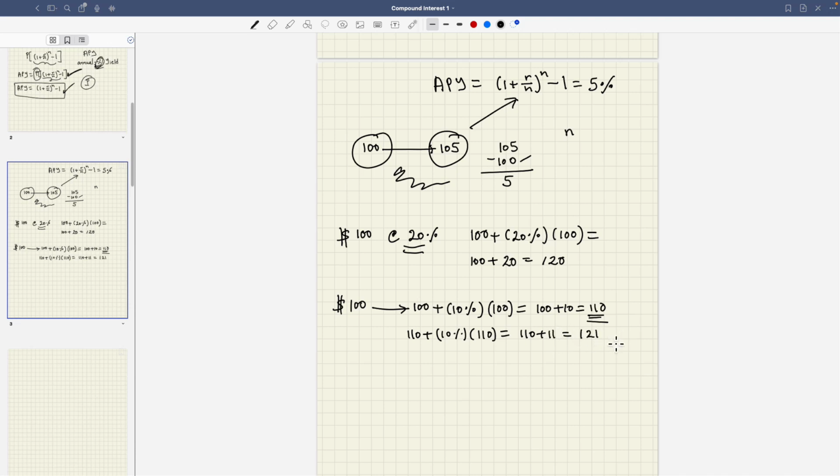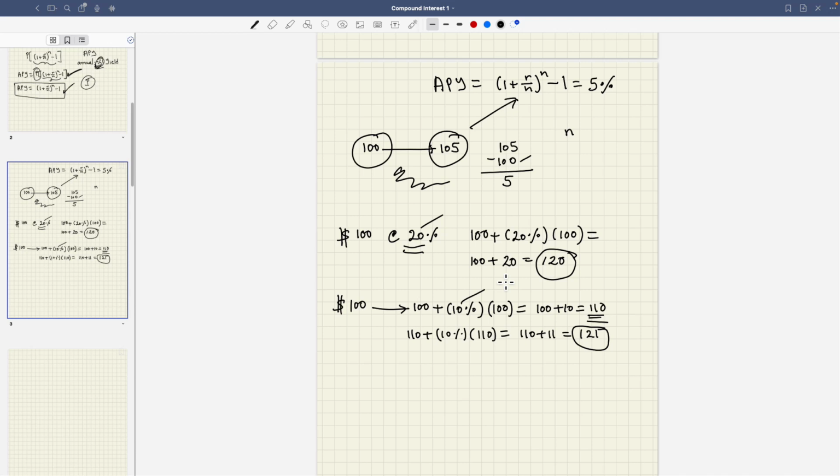So if you compare, right here you have 121, and right here you have 120. So if you compound once at 20% versus you compound twice at 10%, what I'm trying to show here is that the more you compound, the more it increases your investment.